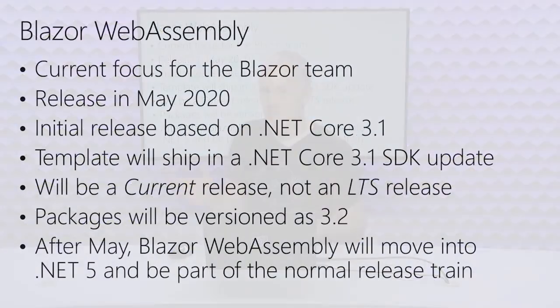All right, so where are we at with this spectrum? Well, now that we're done with .NET Core 3.1, we've shipped it as an LTS release, shipped Blazor Server as an LTS release, our focus has now shifted completely to shipping Blazor WebAssembly later this year in May. This initial release of Blazor WebAssembly will be based on .NET Core 3.1, and it will then also ship in a future update of the .NET Core 3.1 SDK.